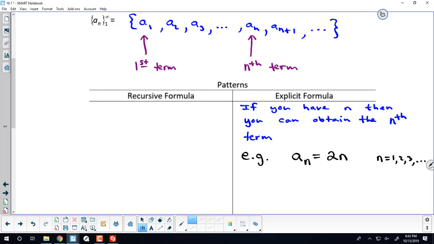That's an example of an explicitly defined sequence. A recursive formula is where the next term or terms depend on the previous term or terms.